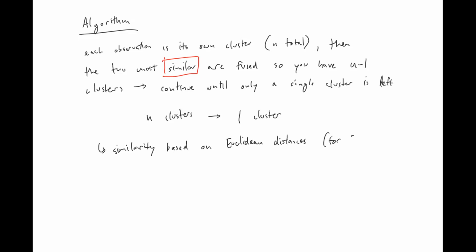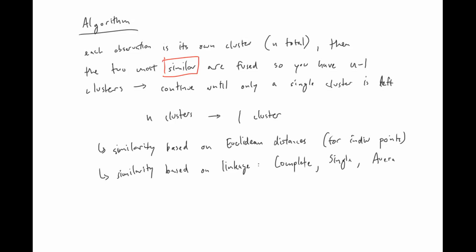So this is for individual points, but then think about what that means for similarity once we're talking about clusters. This is based on something called linkage, and there are three different ways you can do this. There's complete, there is single, and there is average.